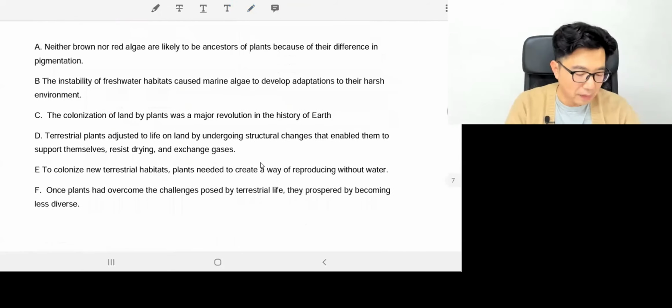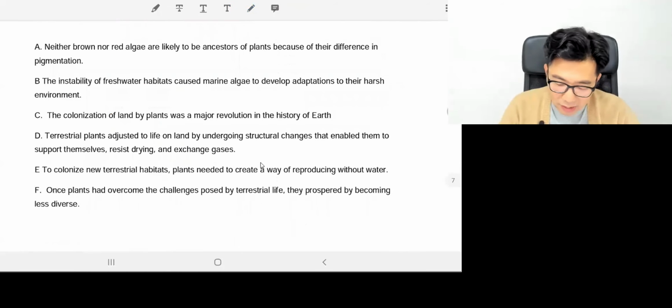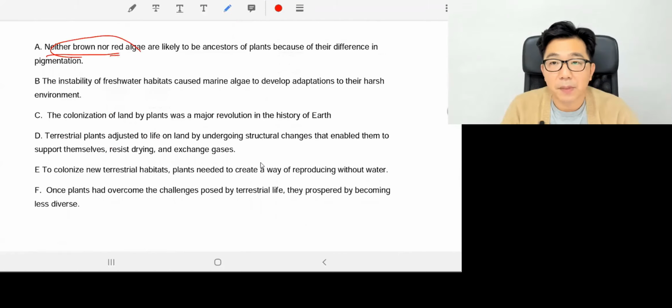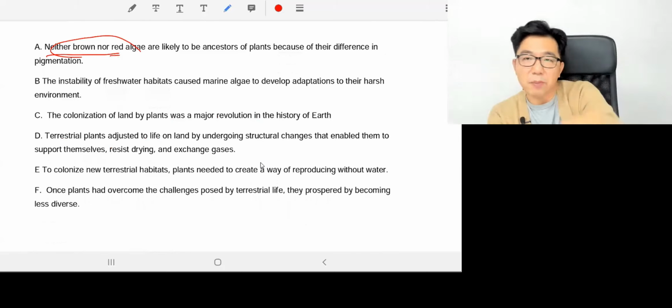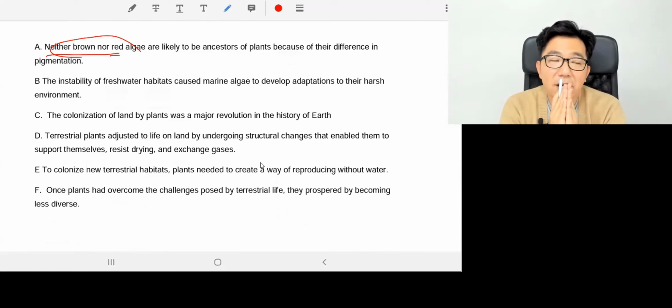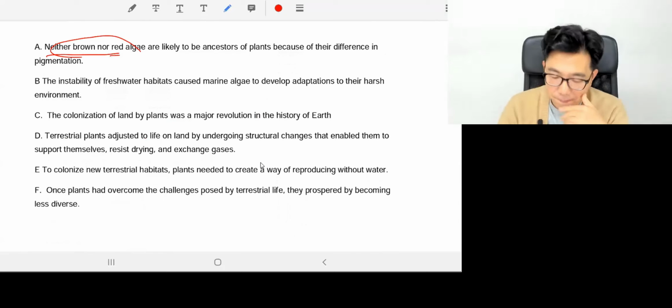A. Neither brown nor red algae. I don't like it already because it's very detailed, okay? When you consider the whole passage and each and every paragraph, brown and red algae not being the ancestor of the land plant, actually the ancestor of land plant is green algae, is not the main idea, okay?